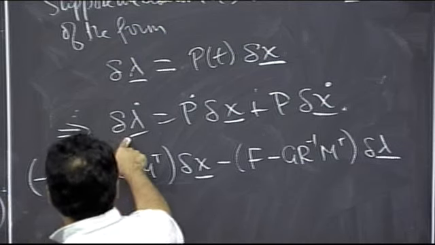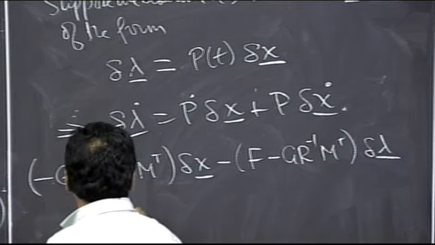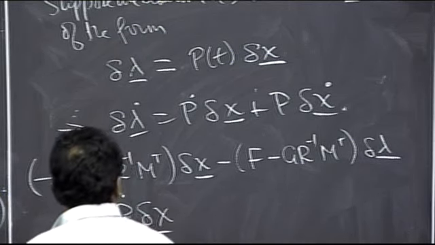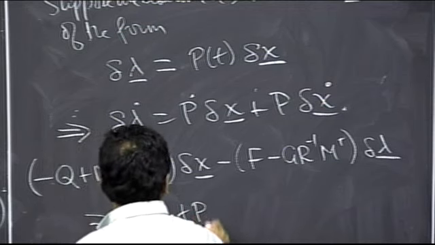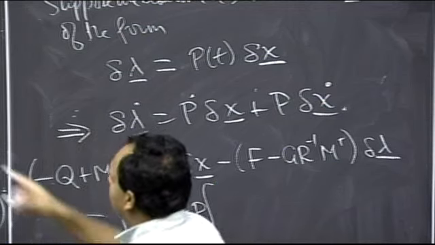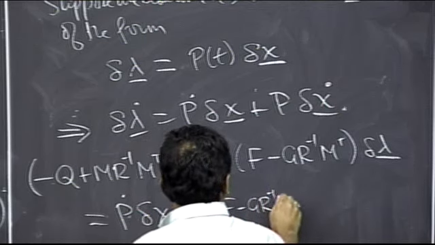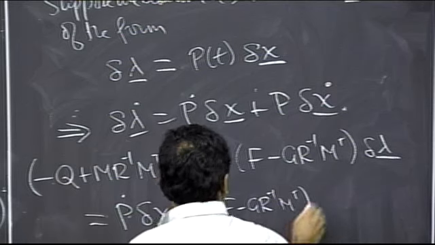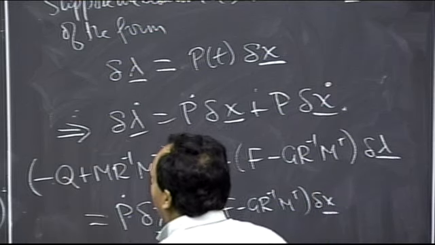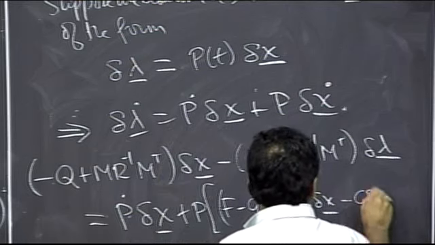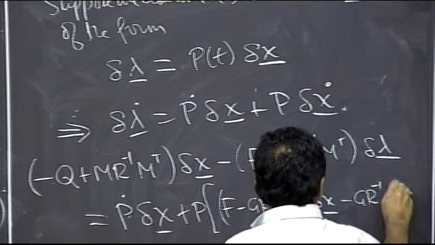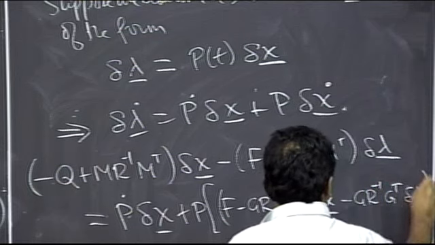That takes care of this side. That has to equal p dot times delta x plus p times delta x dot. But delta x dot is equal to f minus g r inverse m transpose delta x, and then minus g r inverse g transpose times delta lambda.